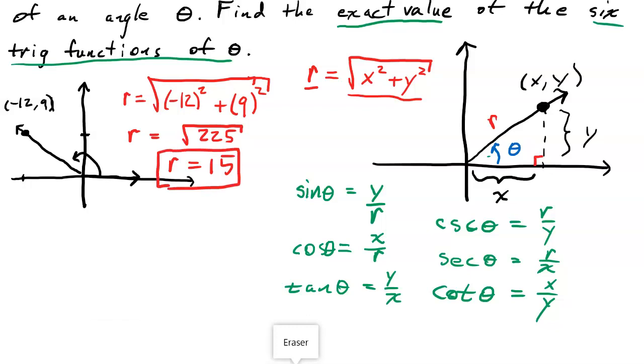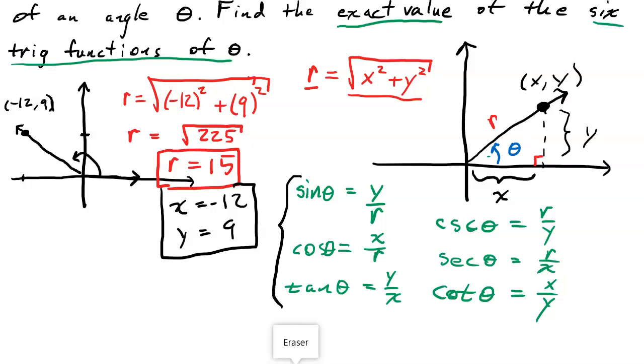So this gives us our value of r that we can use for our trig functions. We already had given to us that x was equal to -12 and y was equal to 9. Now that we have all of these values, we can reference our new definitions over here to the right, and we can find all of the values for this theta.